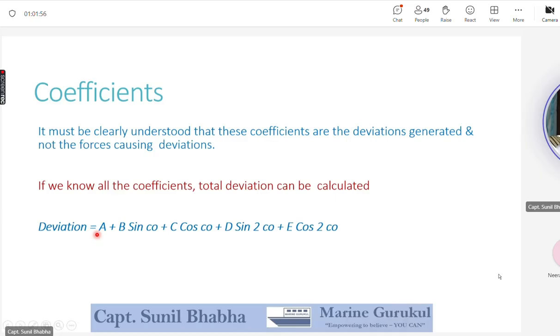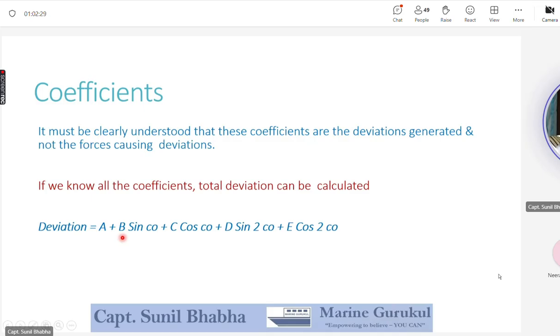Let's try to analyze coefficient B also. Now, if you look carefully, coefficient B's contribution to the deviation is given by B sine course. If the ship is on a northerly heading, the course is 0. The value of sine 0 is 0. So that means the contribution of coefficient B on northerly heading is nil, 0.